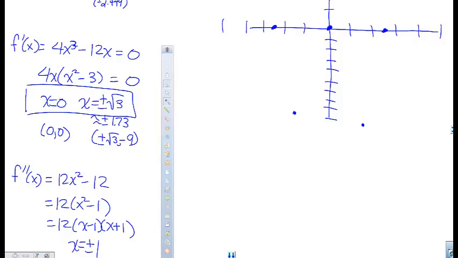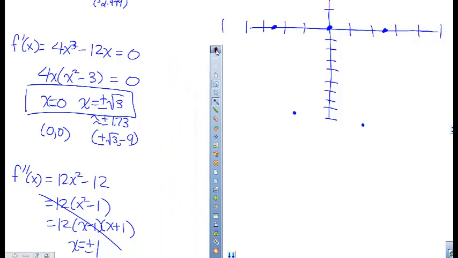My head is on autopilot this morning. I didn't have my coffee. What we really needed to do was plug our critical values in here to determine if it's concave up or concave down. Okay, please forgive me. f double prime of 0 gives us a what?